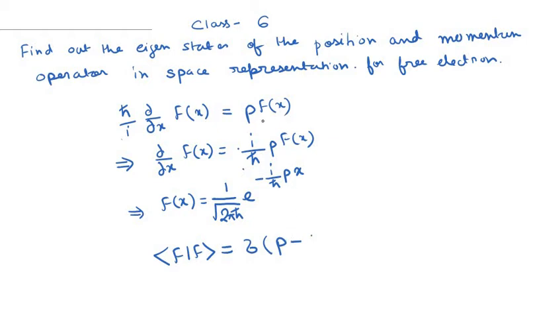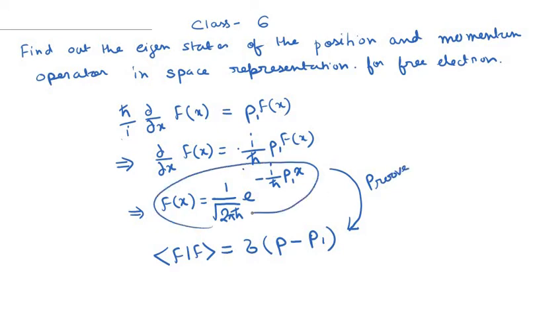of p minus p1. Let us call it p1, because p would represent the momentum axis basically. Take this as an assignment problem: you have to prove that if your momentum eigenstate is given by this function, then this condition is satisfied.